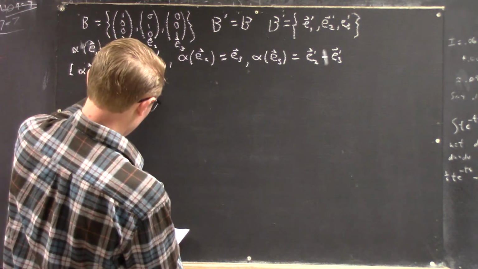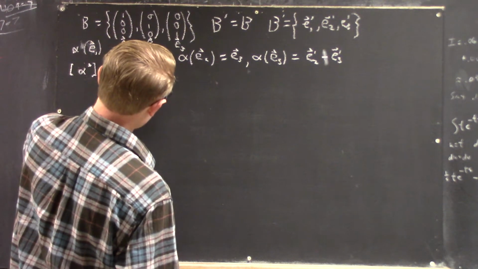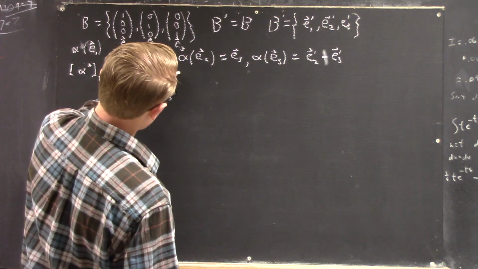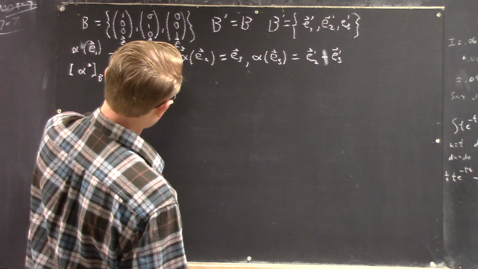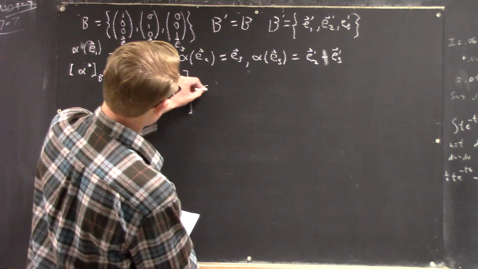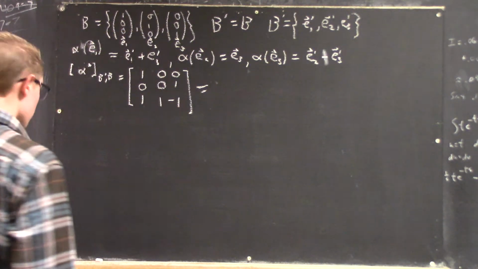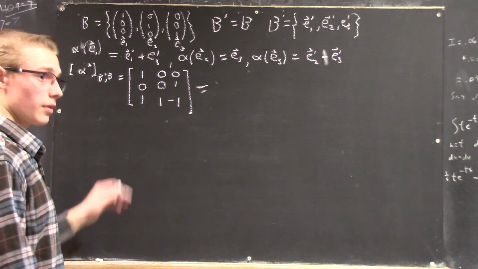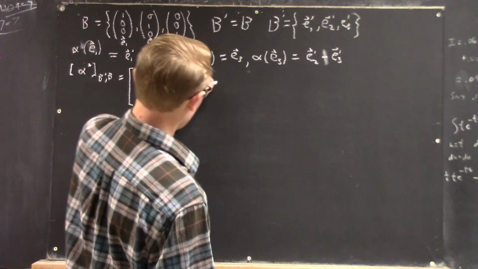And we'll, of course, get 1, 0, 1, 1, 0, 0, 1, and 0, 1, negative 1. However, if we look over there and think back to the original matrix, this is simply the transpose of the original matrix.